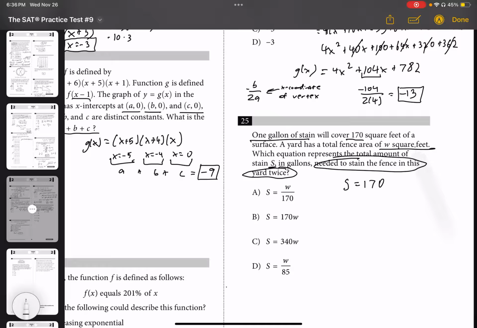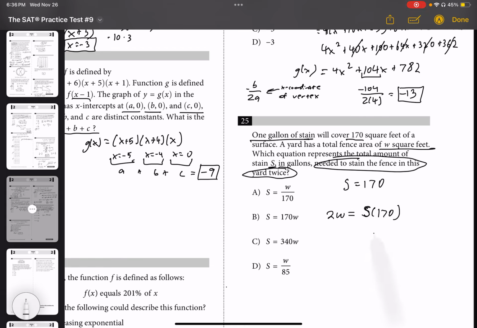we need to cover a total fence area of 2W, since we're covering the fence yard twice, and this is going to be equivalent to S times 170, since each gallon of stain, which is represented by S, is going to cover 170 square feet of the yard.